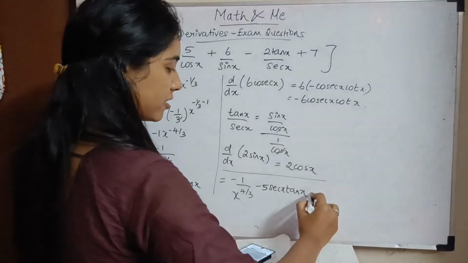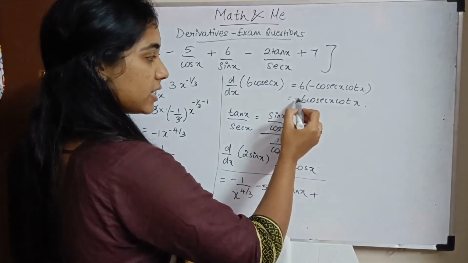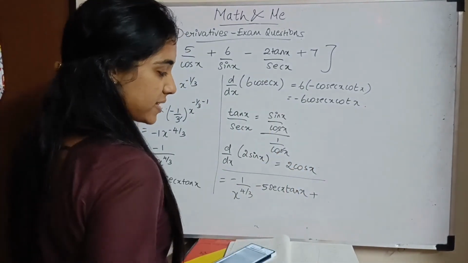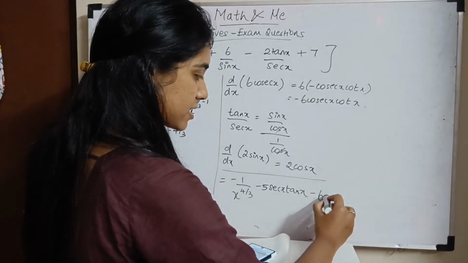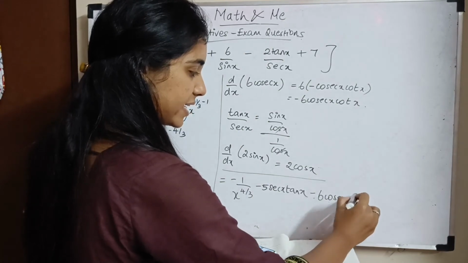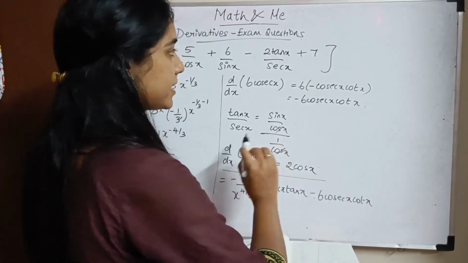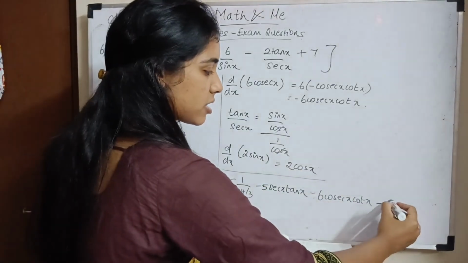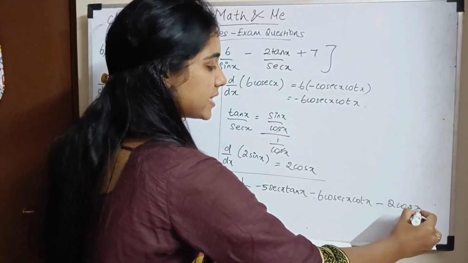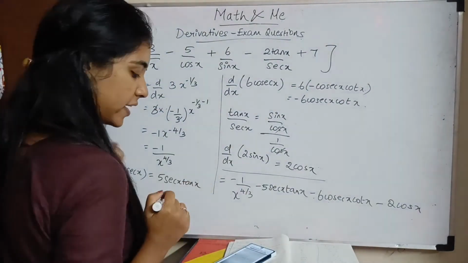You have a plus here. Plus you have a minus here. So plus into minus is minus. Minus 6 cosecant x cot x. You have a minus here. 2 cos x. So minus 2 cos x plus 0. So this is your final answer.